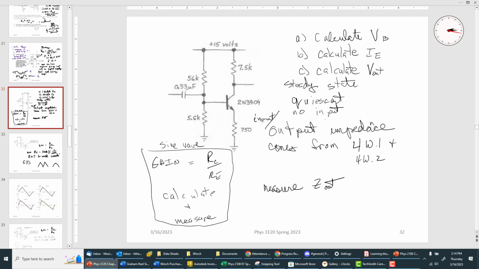You have a quiescent current you can calculate, and I'm not sure if he even asks you to. You can measure V out and V in. You know how to do that now.